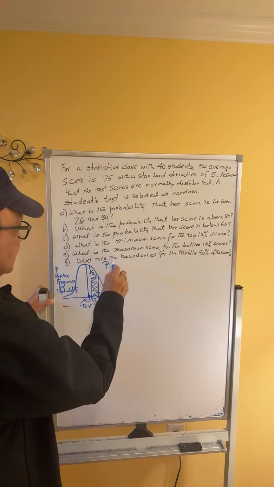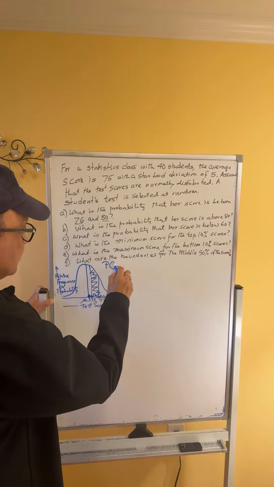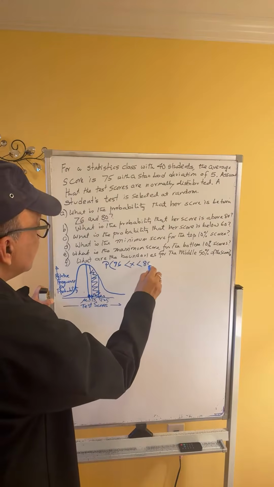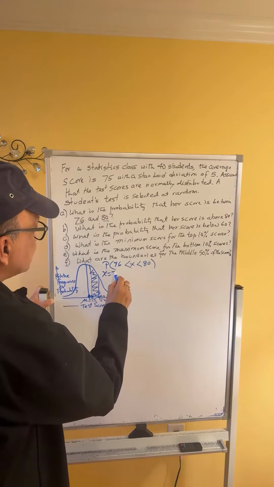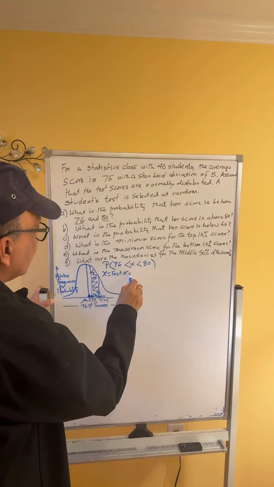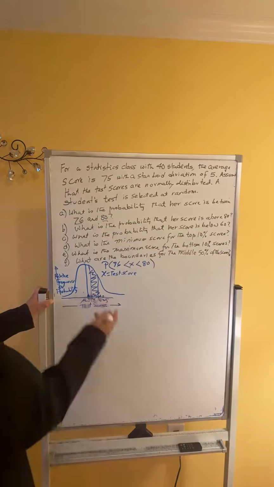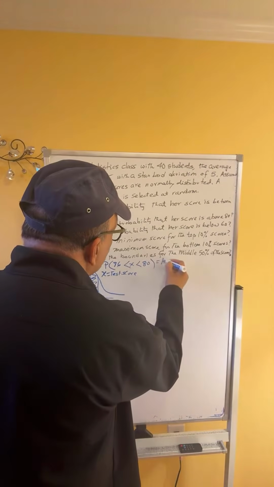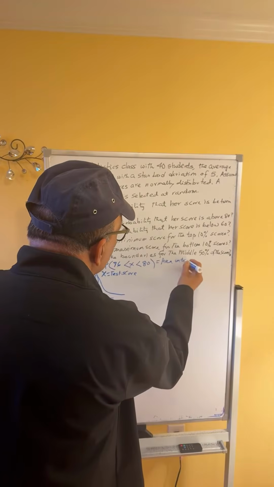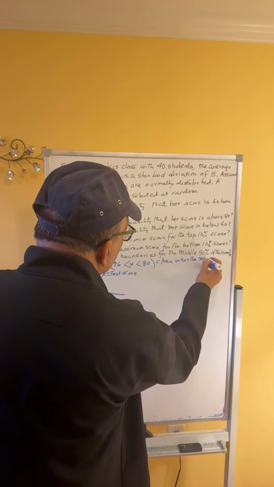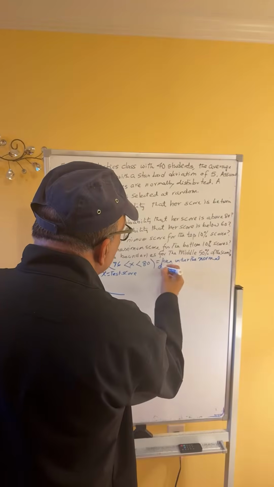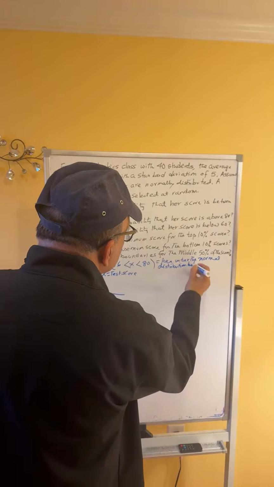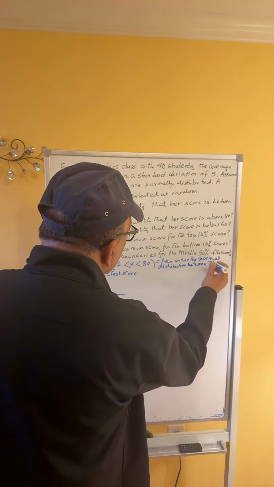So the probability that the score is between 76 and 80. X is your test score. So the area is the area under the normal distribution between 76 and 80.